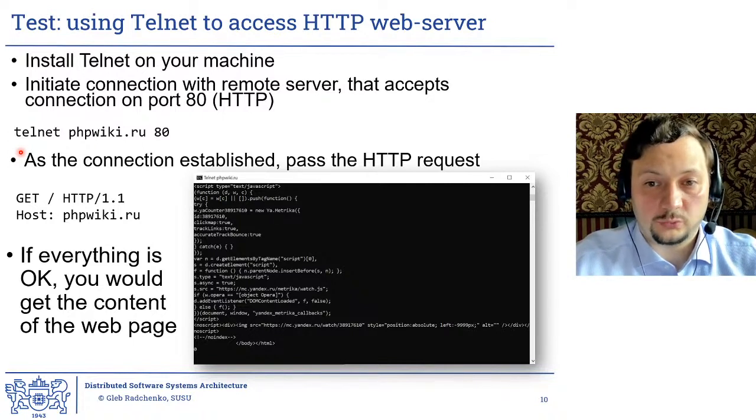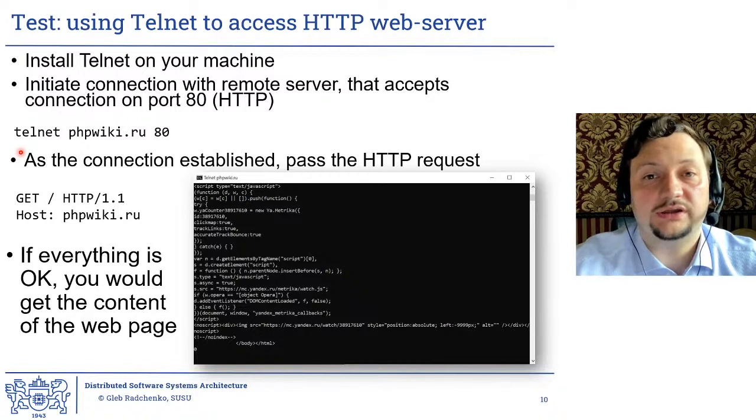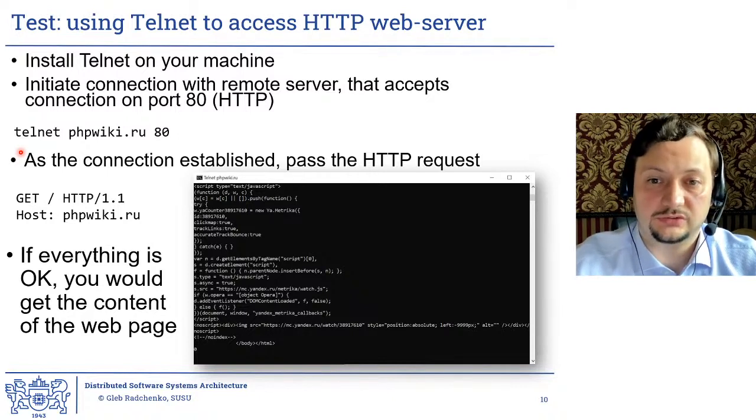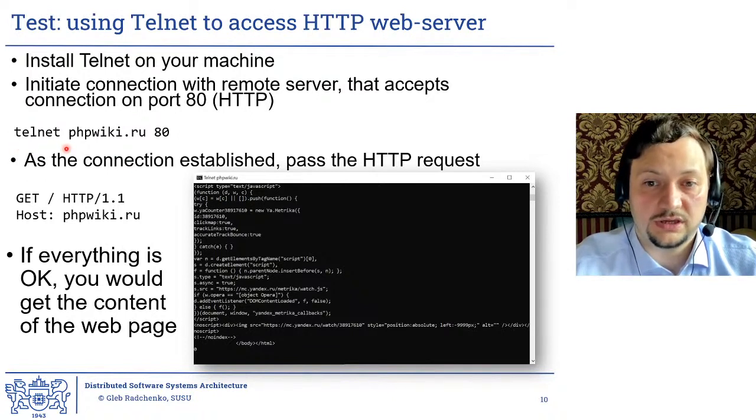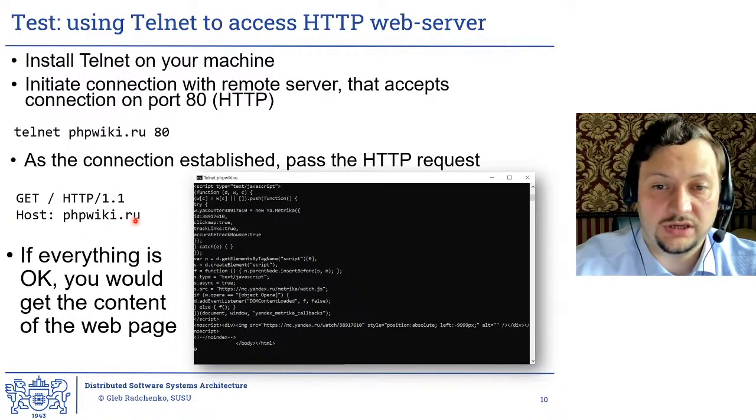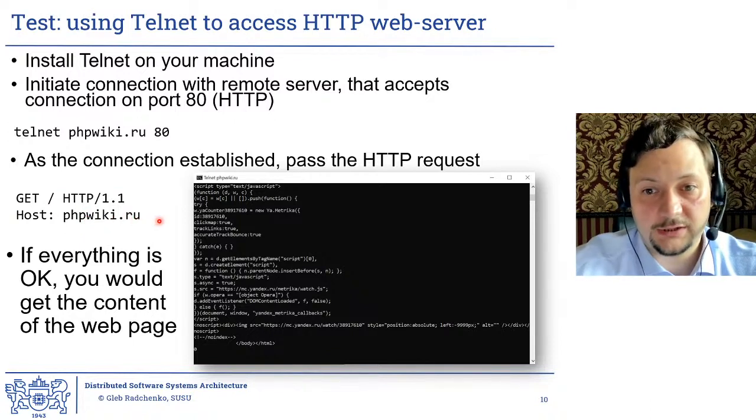So if we have some website that accepts connections on port 80, HTTP, we can connect to this website using Telnet, and we can send there some requests. And if everything is okay, then we would get the content of the web page that we asked for. So let's try to do this.